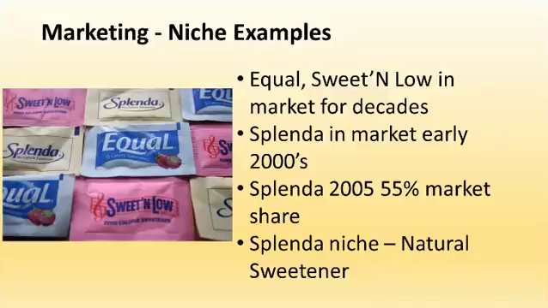And that messaging, that little niche right there, allowed them to capture 55% of the marketplace or better, even though Equal and Sweet and Low had been in the marketplace long before Splenda. Just another example of a niche.